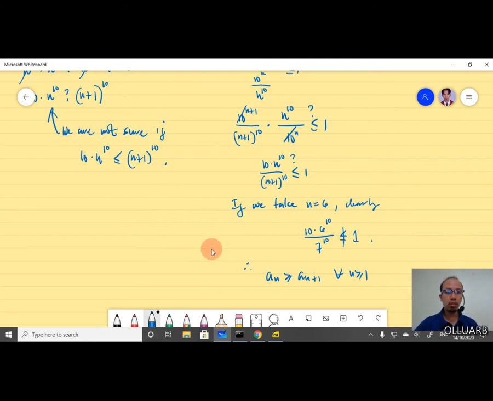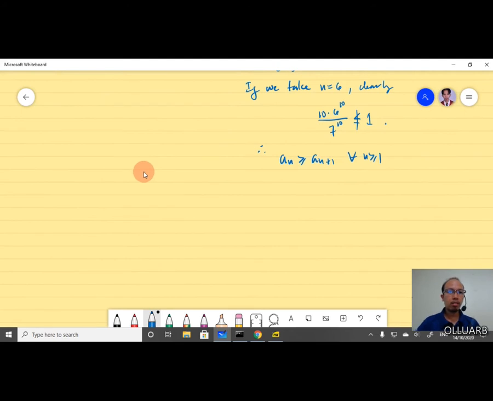Okay, but if you want to proceed to show that the limit is not equal to 0, then maybe you can try letter C. So just take the limit of a sub n as n approaches infinity. You are going to show that this is 0, but actually this is not equal to 0.